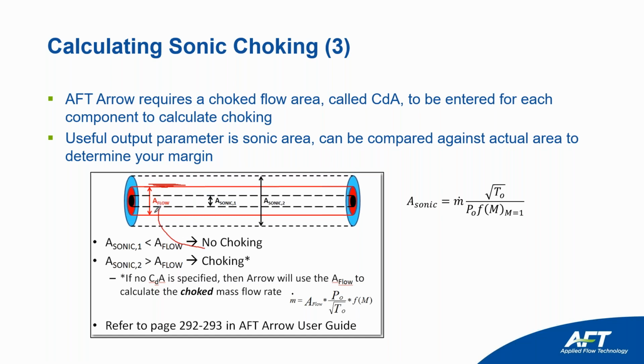This flow area, that is our vena contracta, all right? If the sonic area was calculated to be less than your flow area, then you're not going to have any sonic choking. You'll be remaining subsonic through that restriction. However, if your sonic area is greater than your flow area, then you will have sonic choking.